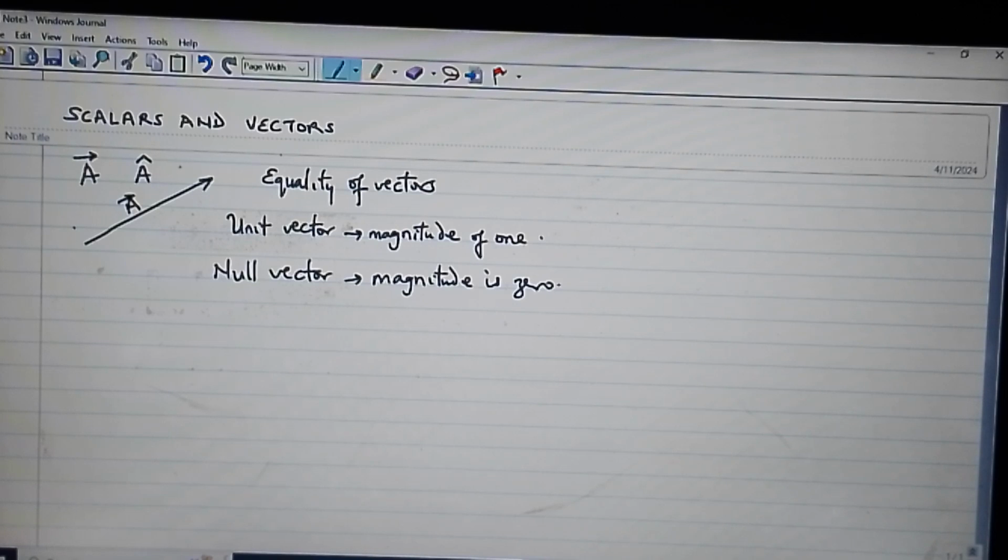Now, let us see how we can resolve vectors into different components. Resolution of vectors into components.